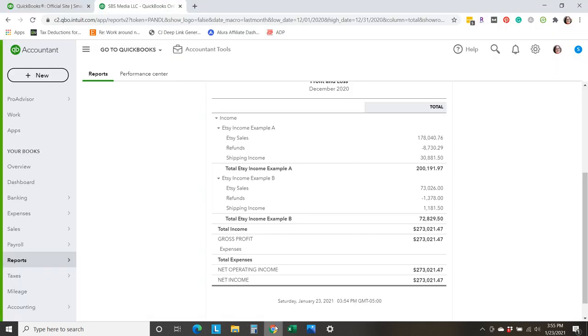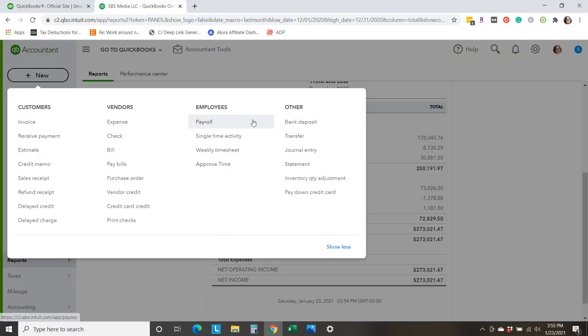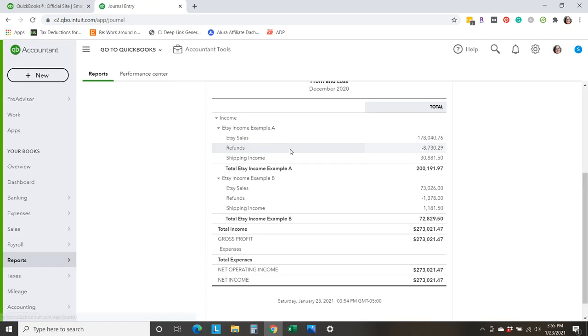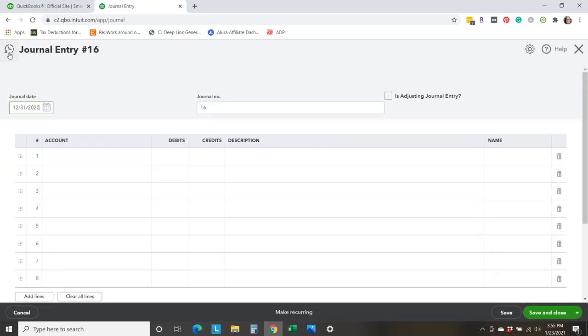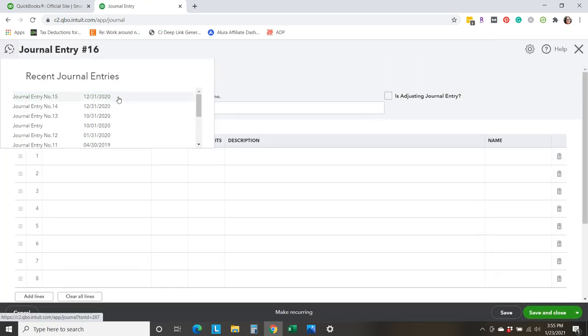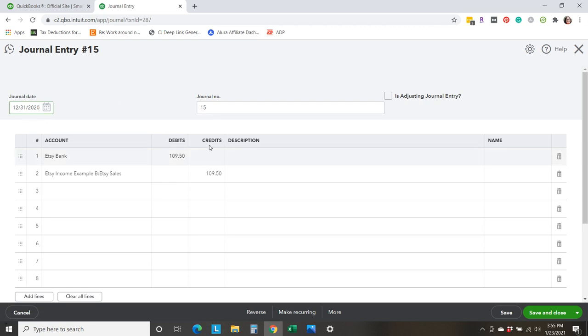So then all I would do in QuickBooks is a new journal entry. I'm going to find that last entry that I did, the one right here, and I would put in the description, reversing entry to tie to 1099.